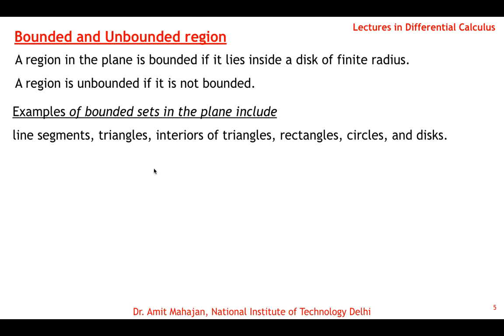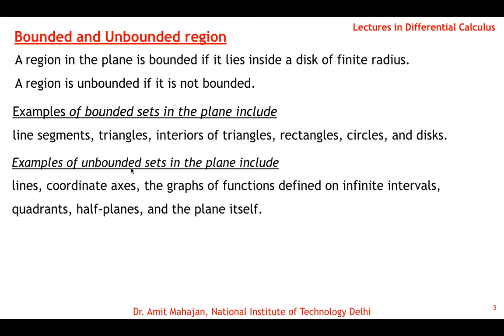Similarly, we will have unbounded sets or unbounded regions in the plane, like a line, coordinate axes, graphs of functions defined on infinite intervals, the quadrants, the first quadrant, second quadrant, and so on, and half planes. So the plane above the x-axis or plane below the x-axis, plane to the right of the y-axis, and so on, and the whole xy plane itself.